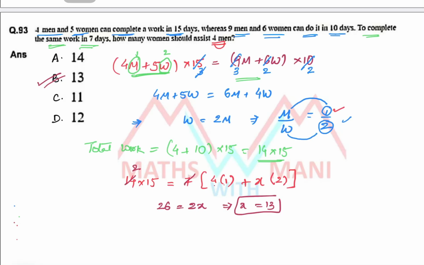From the first condition, you have to find the efficiency of the men and women, and from that you have to find the total work. This total work is completed in 7 days with 4 men and x number of women, and you have to find the value of x. That's it. So the correct answer is 13.